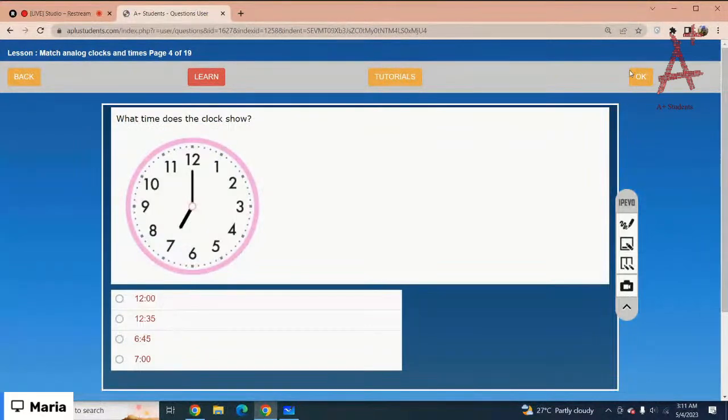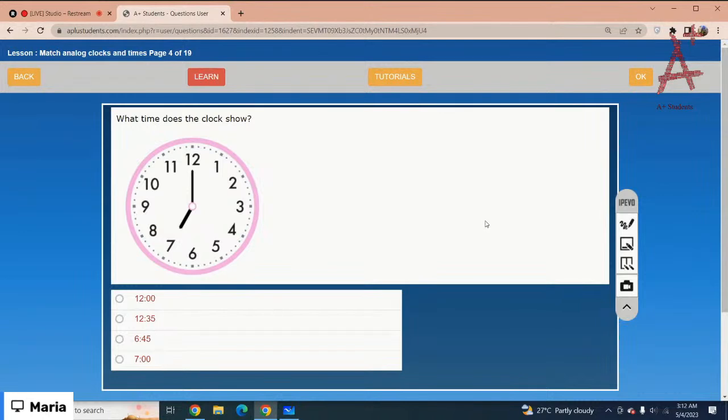Okay, what time does the clock show? Yes, the shorter hand points to 7 and the larger hand points to 0.